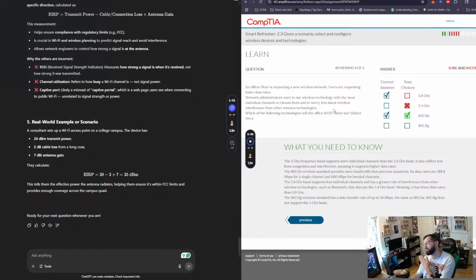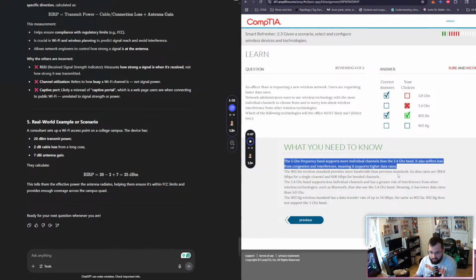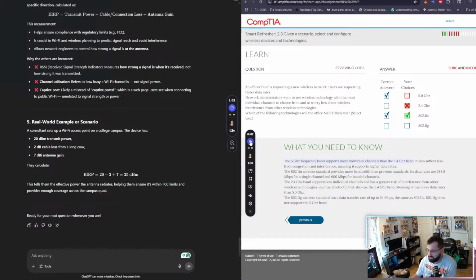Okay, why would it be 5G? Because as far as I knew, the more people you have on the 5G network of your Wi-Fi, the slower it gets. The 5 GHz frequency band supports more individual channels than the 2.4 GHz band. It also suffers less from congestion and interference, meaning it supports higher data rates.